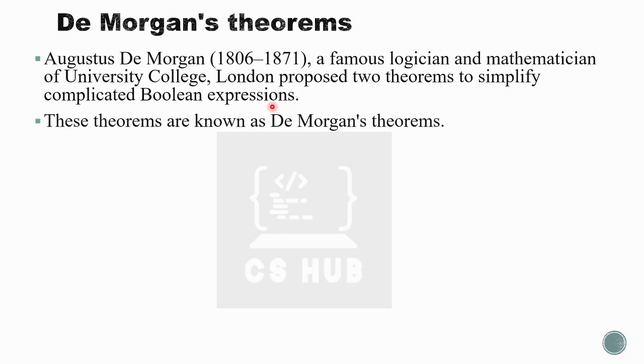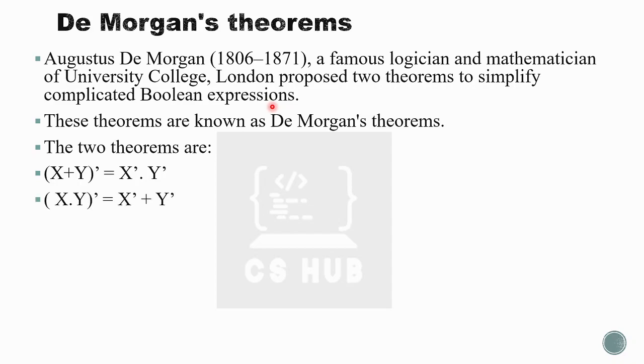These theorems are known as De Morgan's theorems, and they state that (x plus y) all complement is equal to x complement dot y complement. Next, (x dot y) all complement is equal to x complement plus y complement. In (x plus y) whole complement, the complement is taken as inverse.